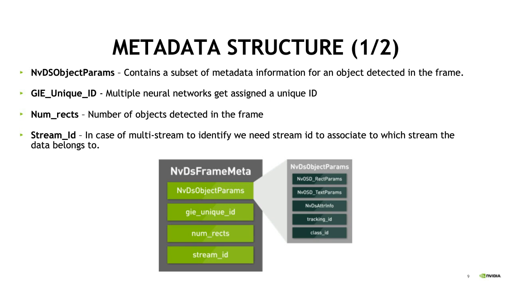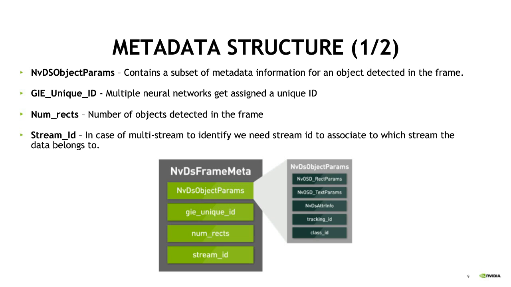The numRects parameter tracks the number of objects detected in the frame. And stream ID is used in the case of multiple streams to identify which stream a particular set of data belongs to. The last one is the NVDS object params parameter that contains metadata information specific to each detected object. And I'll talk about that in more detail in the next slide.